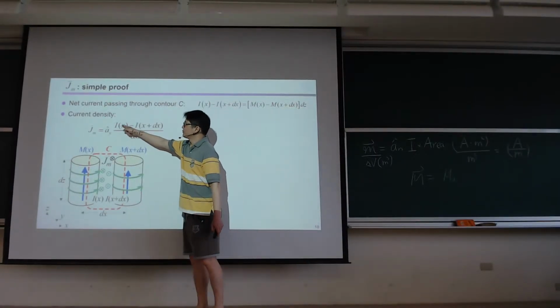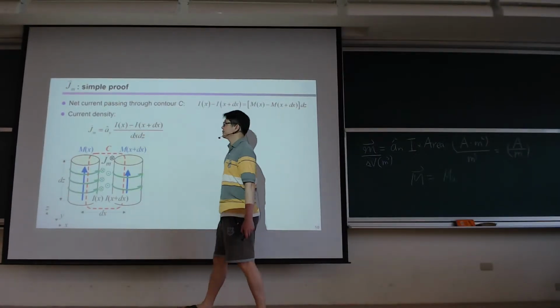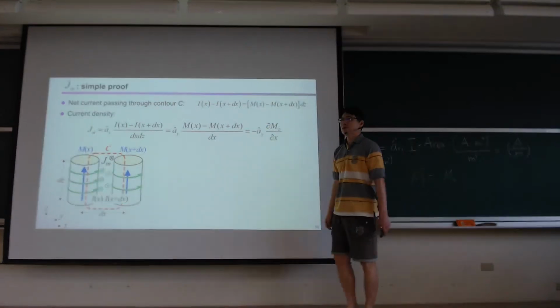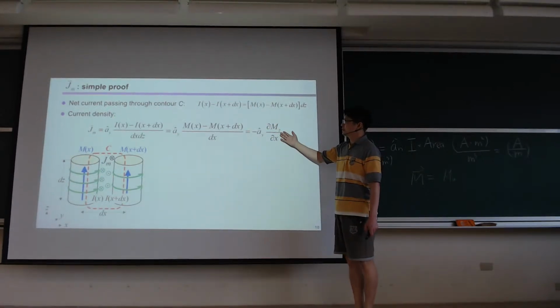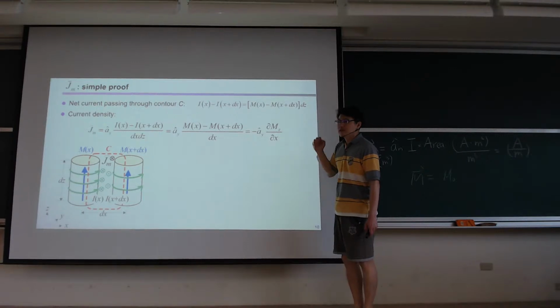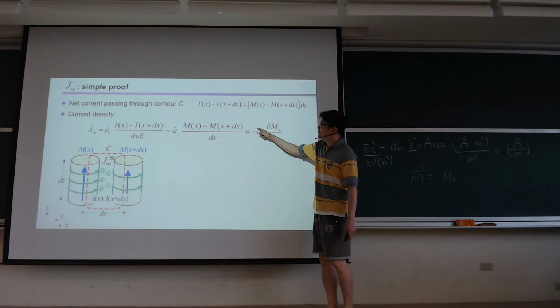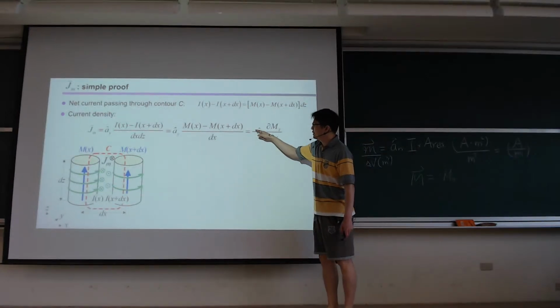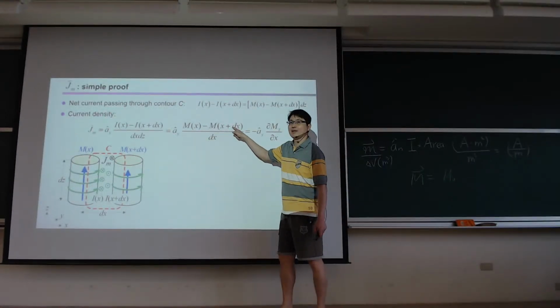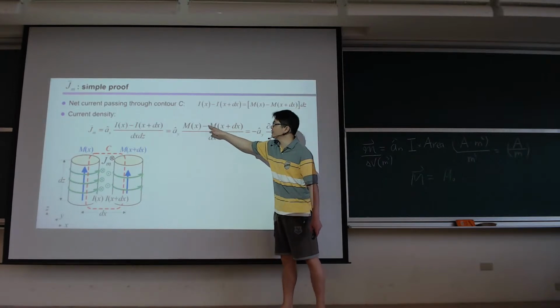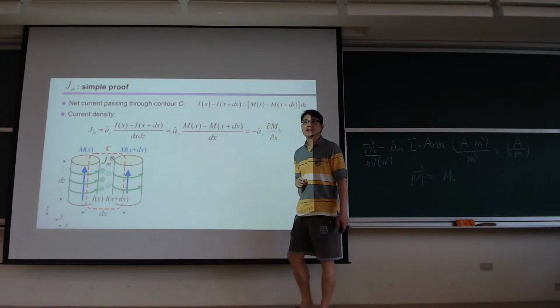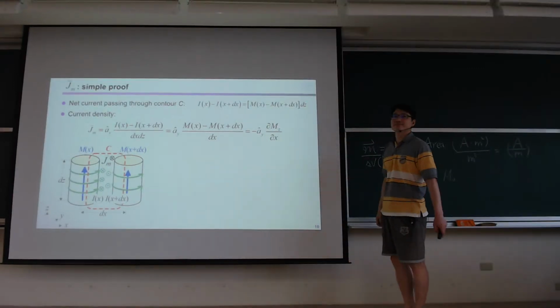We already know how to formulate the net current. So in the end, the current density is in the negative y direction, and this is basically the differentiation of M in the x direction.